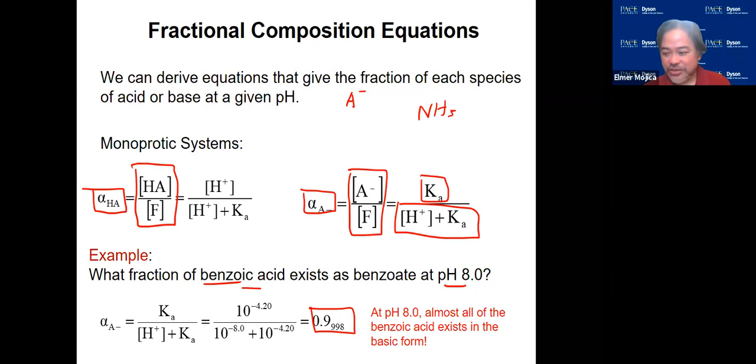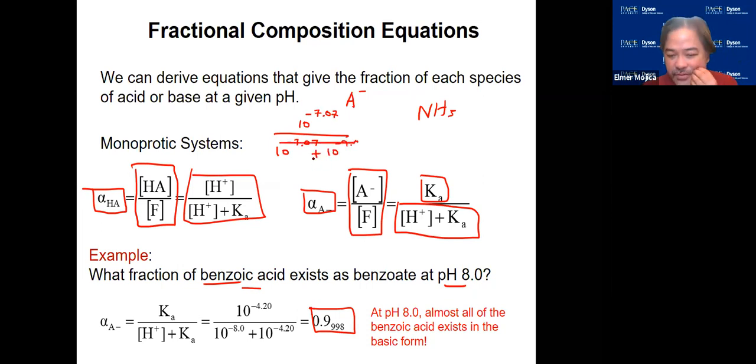So which one are we going to use? I think we're going to use this one, right? So you have 10 to the negative 7.7 divided by 10 raised to the negative 7.7 plus 10 raised to the negative 9.24.